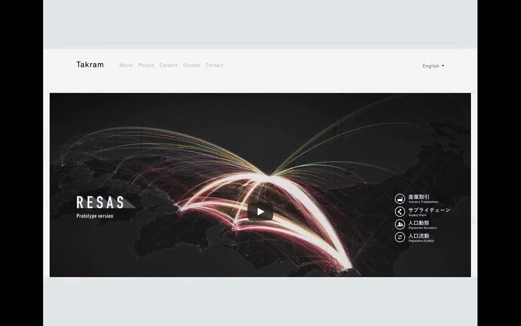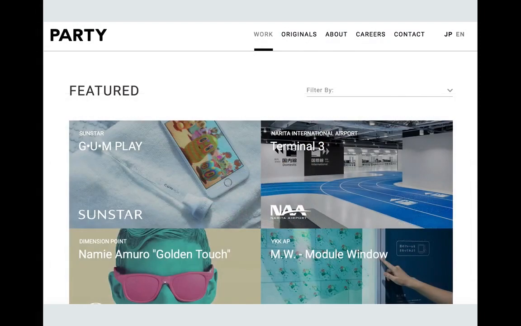In terms of the second one, he identified RESAS. This is very interesting. This is a data visualization for big data across Japan. When you look at the video and some of the other examples, again, I think it would be interesting for you to reflect on the extent to which a uniquely Japanese aesthetic appears to be deployed there.